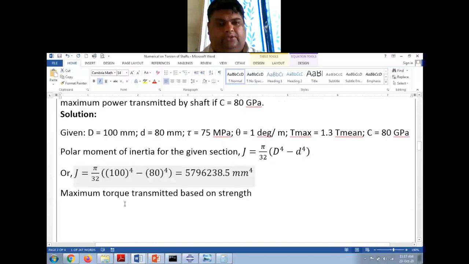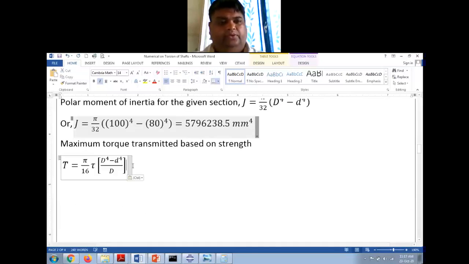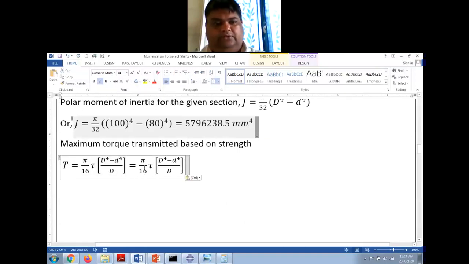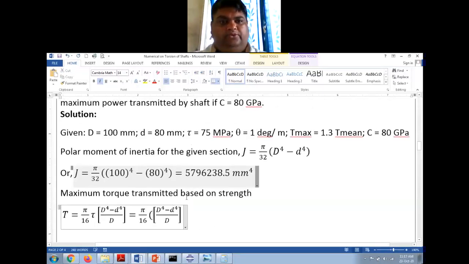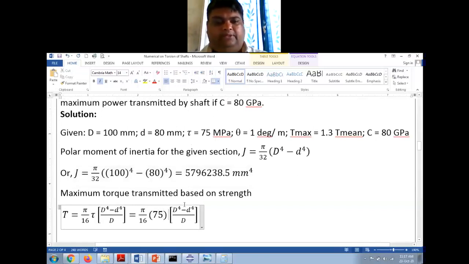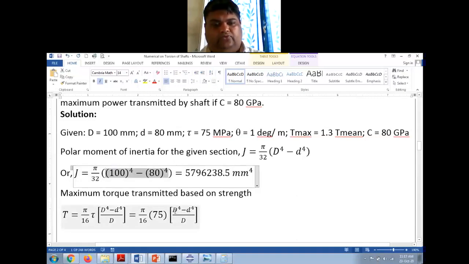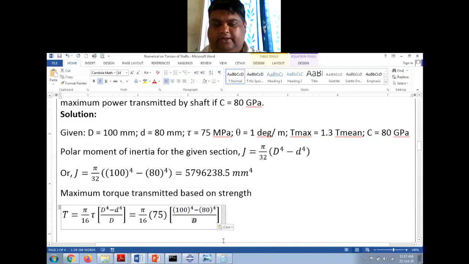So let us just put this equation. Now let us put the values because I know all the values in this. So tau, permissible shear stress is 75 megapascal. D raised to 4 minus d raised to 4 is 100 raised to 4 minus 80 raised to 4. So I'll just put that value. And D is outer diameter, that is 100.